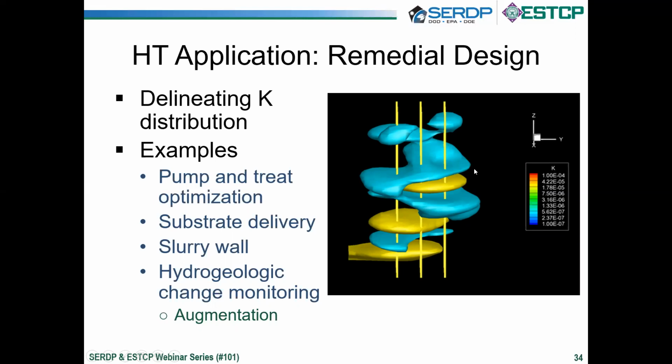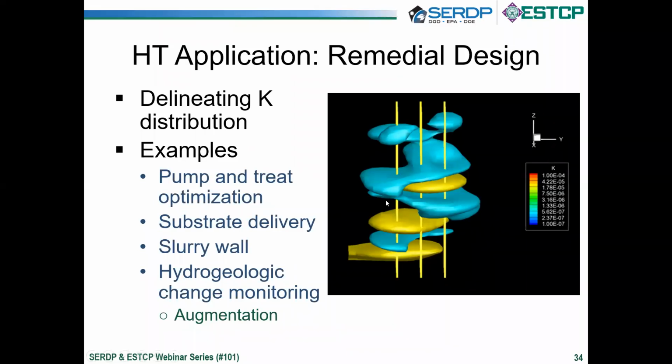For example, here, the golden or yellowish color shows a higher conductivity area, while the blue area shows a lower hydraulic conductivity area. With this knowledge, you can design your pump and treat system. You can optimize the system where you can target your pumping from the high conductivity zones, or control the migration of the plume through optimized pumping.